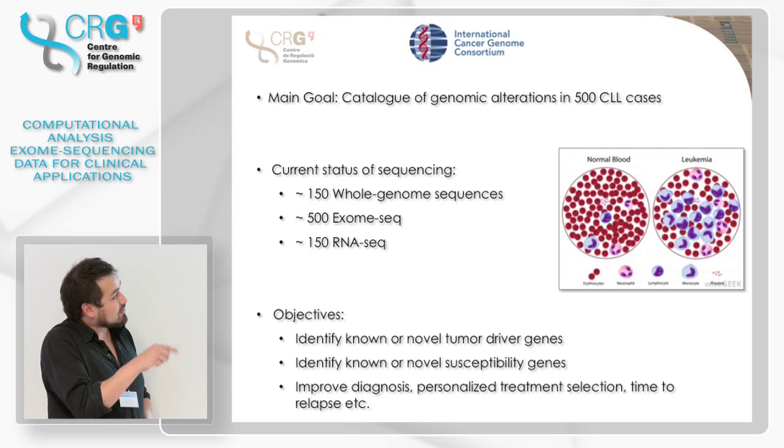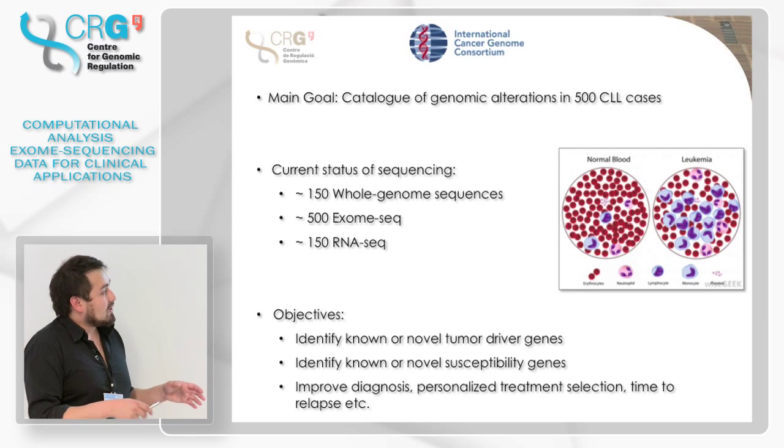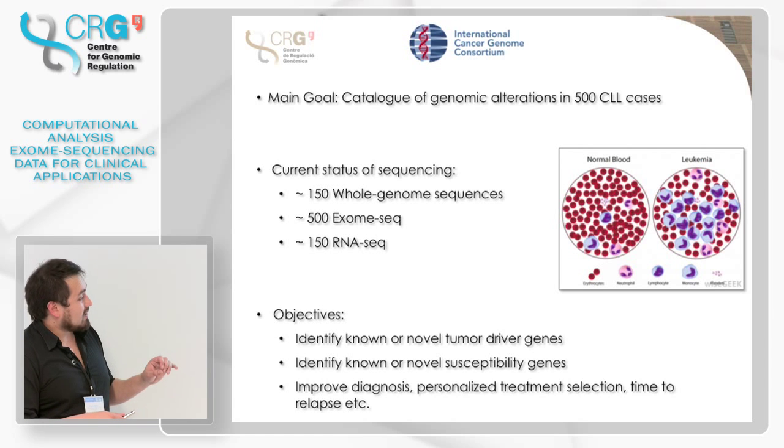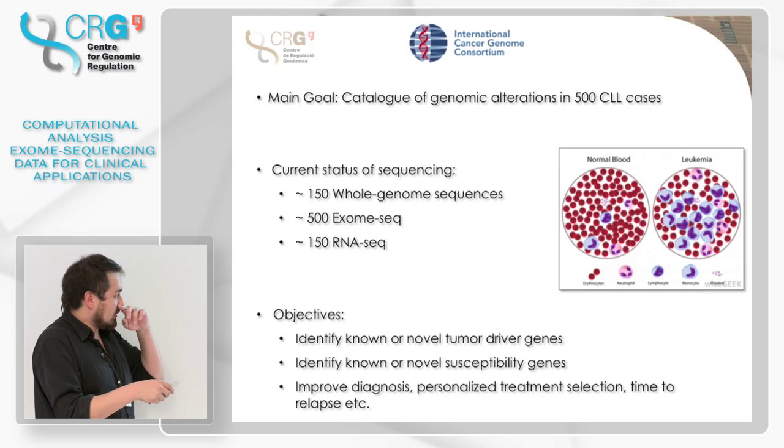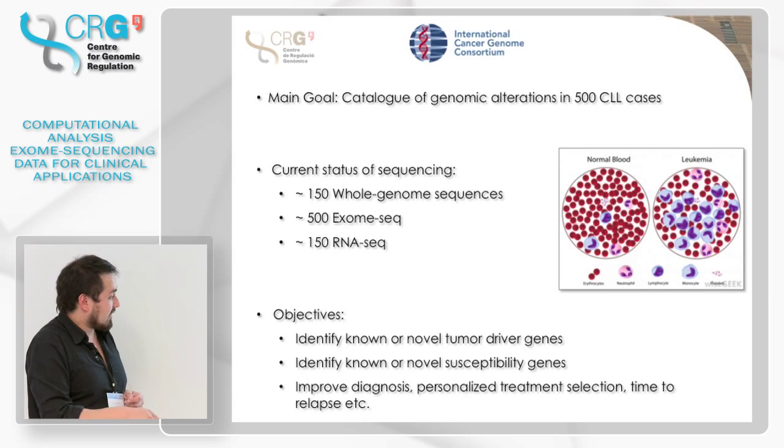Next. So where do we get all this data from in our lab? We have the International Cancer Genome Consortium, okay, which is a catalog. We're part of this, and there is a catalog of around 500 CLL cases, and the people working on this have already sequenced 150 whole genomes, 500 exomes, and 150 RNA-seq.